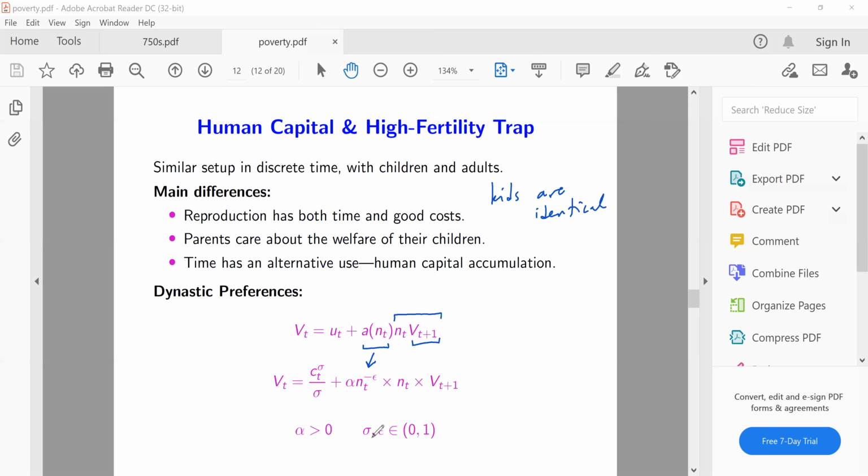If alpha and epsilon are positive, as we assume, then having more kids decreases the utility weight you attach to each kid's welfare. There are versions without epsilon as well, but in those versions we usually put another altruism factor. So alpha here is for altruism.